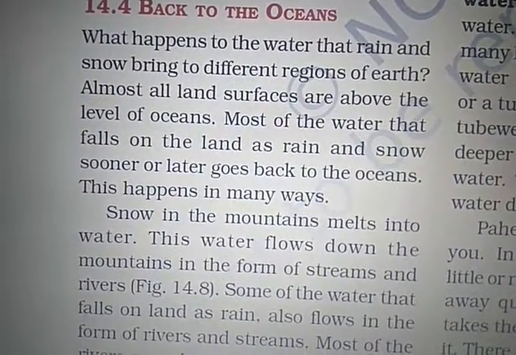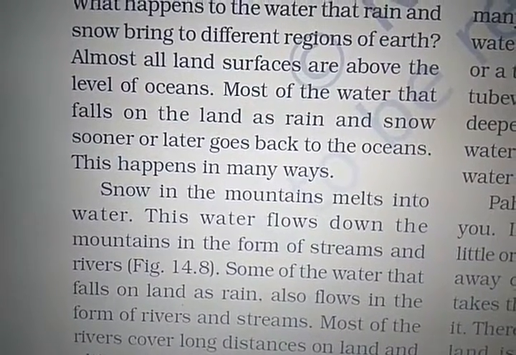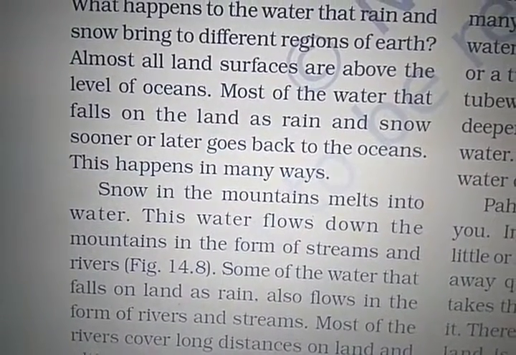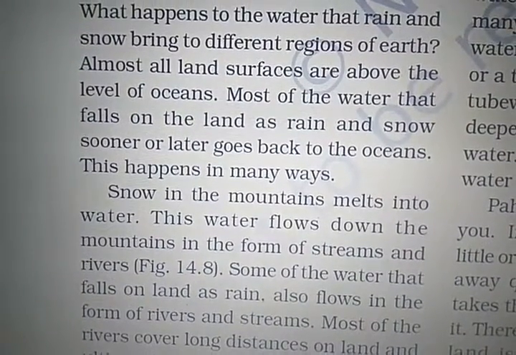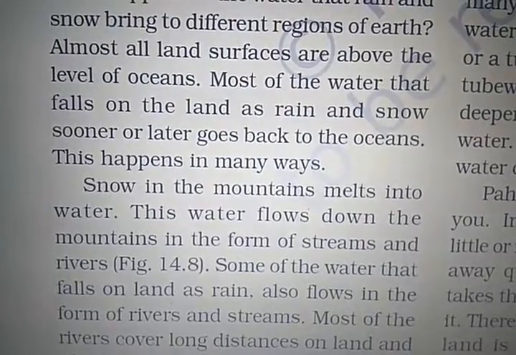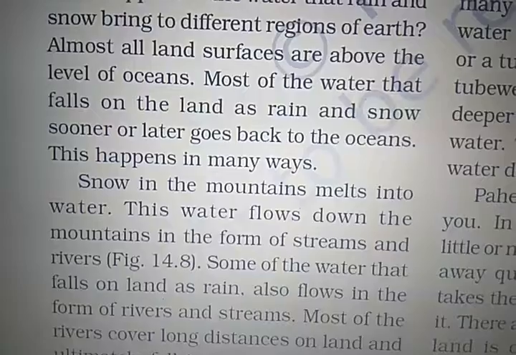This happens in many ways. Snow in the mountains melts into water. This water flows down the mountain in the form of streams and rivers. Right? So in the form of rivers and streams from the mountain you find the water.